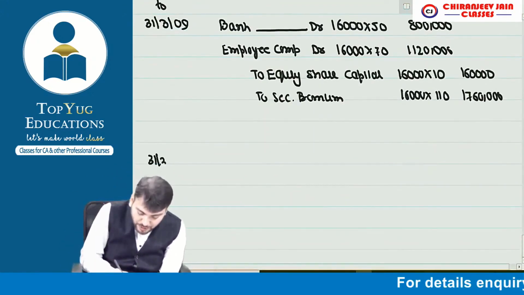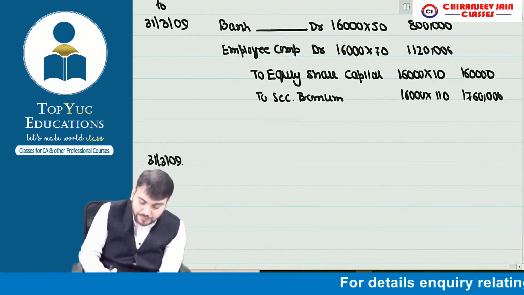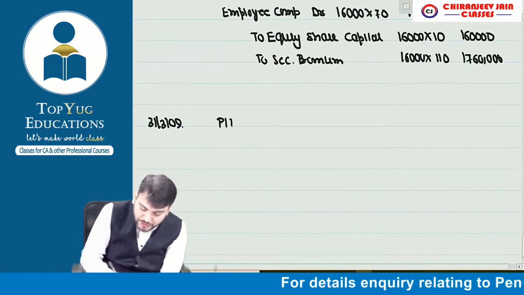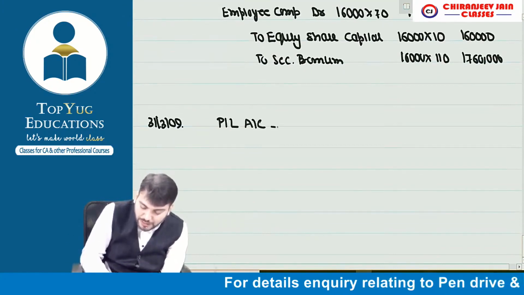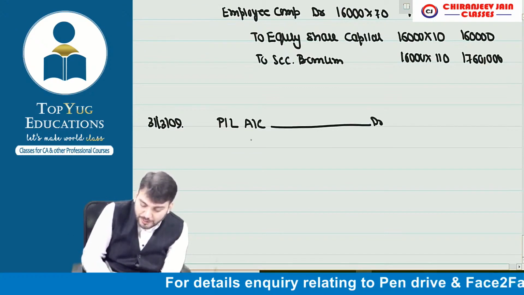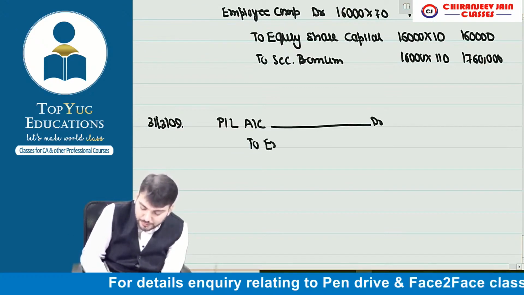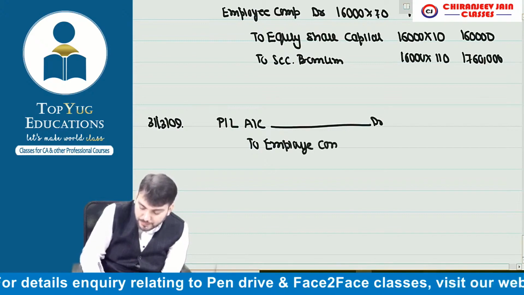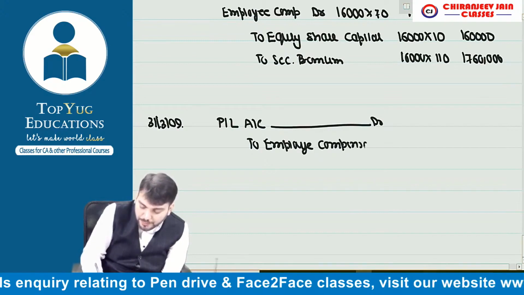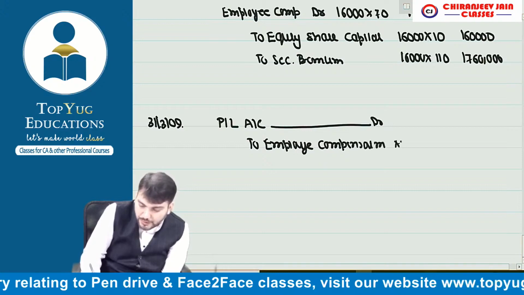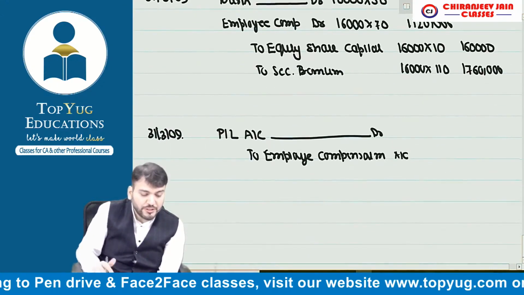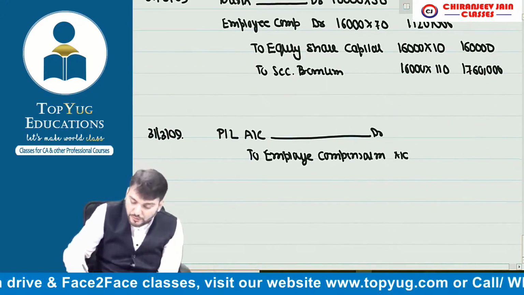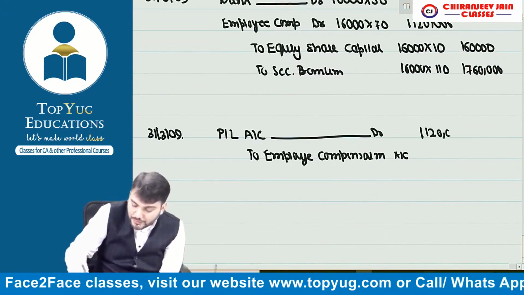Then on 31st March 2009, year end, employee compensation will be transferred to the PL account. PL account debit to employee compensation account. How much? That is 11 lakh 20,000.